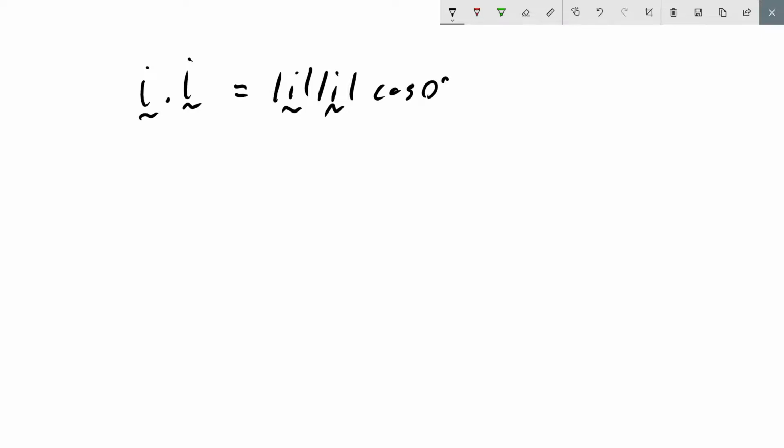Cos 0 degrees is just 1. And the magnitude of I is 1, so we can cross that out. That's 1 times 1 times 1, which means we're left with 1.